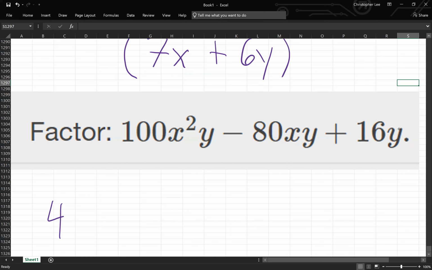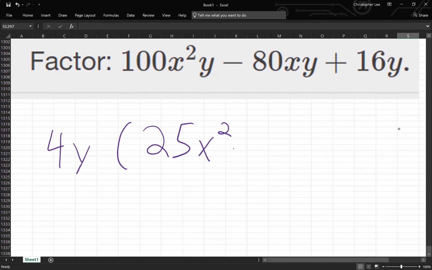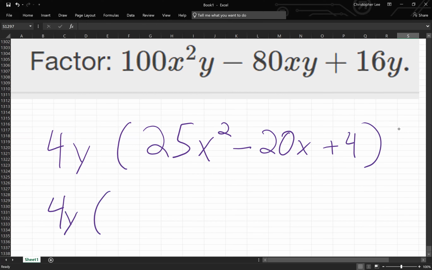What? No. 4 what? 4y. Very good. What's left over? x what? Minus 20x. Good. Excellent. So now we got the greatest common factor out here. What's my answer?